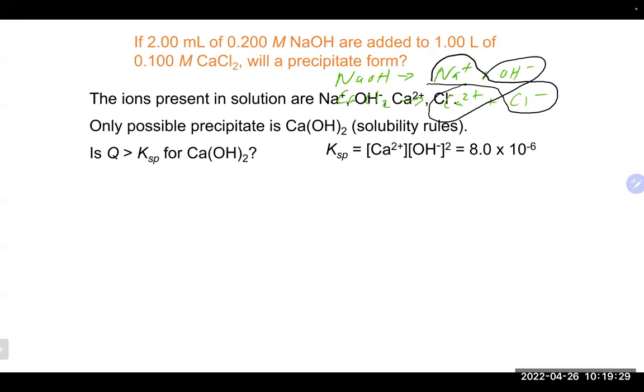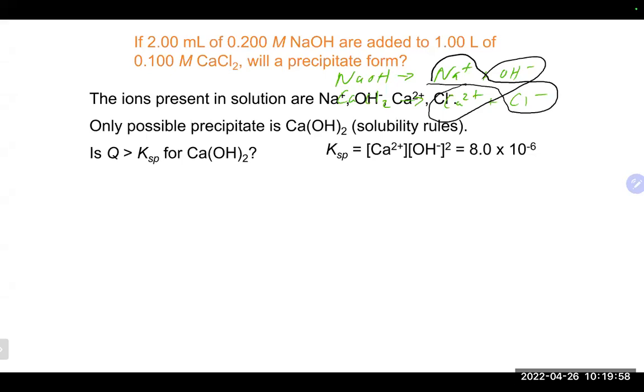Typically, much like what we used Q for before, you would have the KSP value given to you. Because really the whole point of Q is to help us answer a question. Before, it was to help us answer, are we at equilibrium, which way do we need to go. Here it is really to help us answer the question, should we expect a precipitate or not? So you would probably have the KSP given to you, or if it's not given in a problem, you could usually look it up in a table.